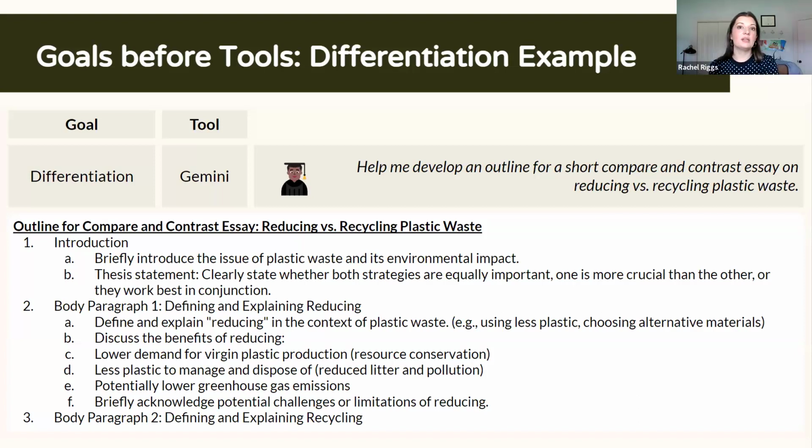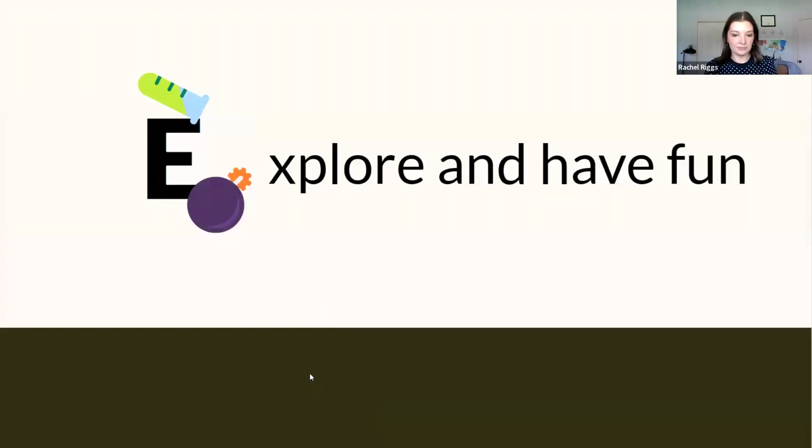It just happens to be something that Google produces and that integrates well with Google products. So I can have learners enter this prompt: Help me develop an outline for a short compare and contrast essay on reducing versus recycling plastic waste. Now my learner has an outline that they can look at and edit, and they've gotten a little bit of assistance and scaffolding in the writing process.